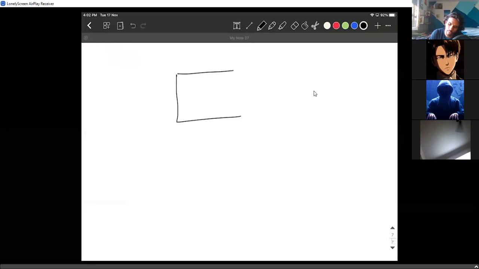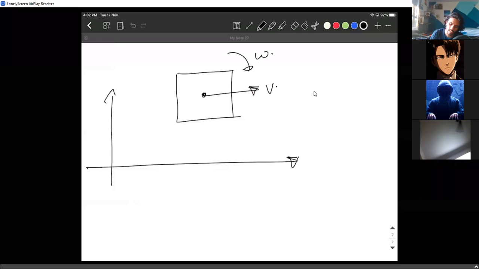Take a square plate whose center is going with V. This is going with omega, on the XY axis, and this distance is 5 units.